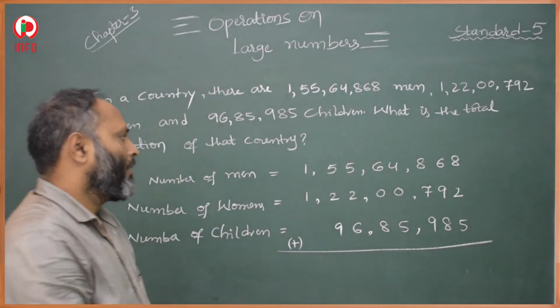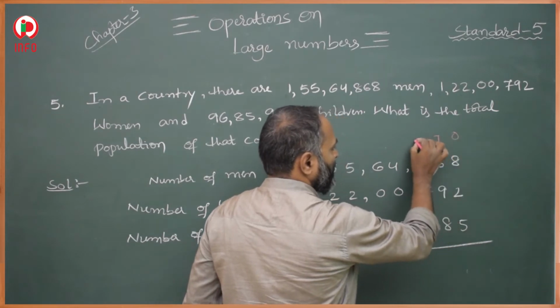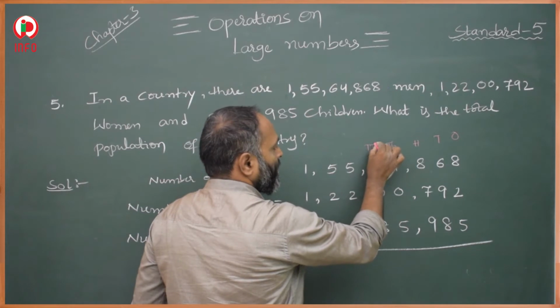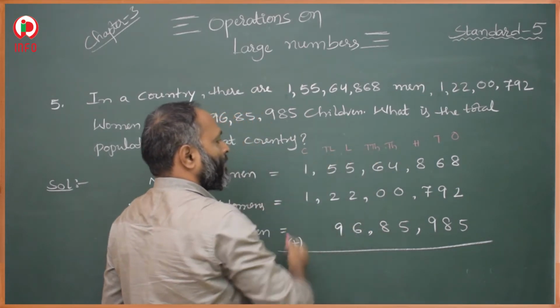First write the place values: ones place, tens place, hundreds place, thousands place, 10,000s place, lakhs, 10 lakhs, crore.